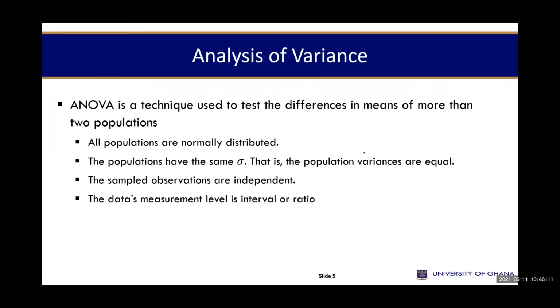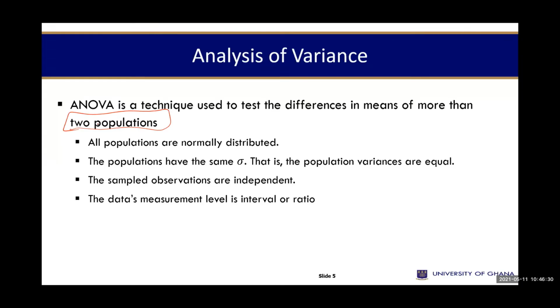So what is ANOVA, or what is analysis of variance? It's a statistical technique that tries to estimate differences in means of more than 2 populations.